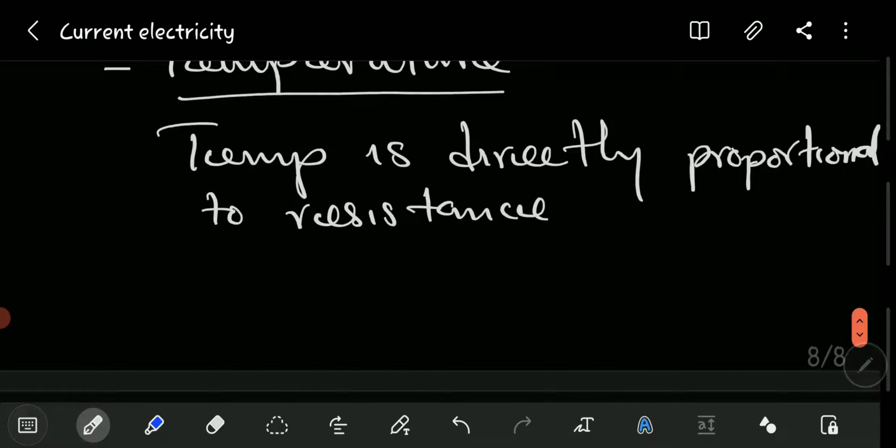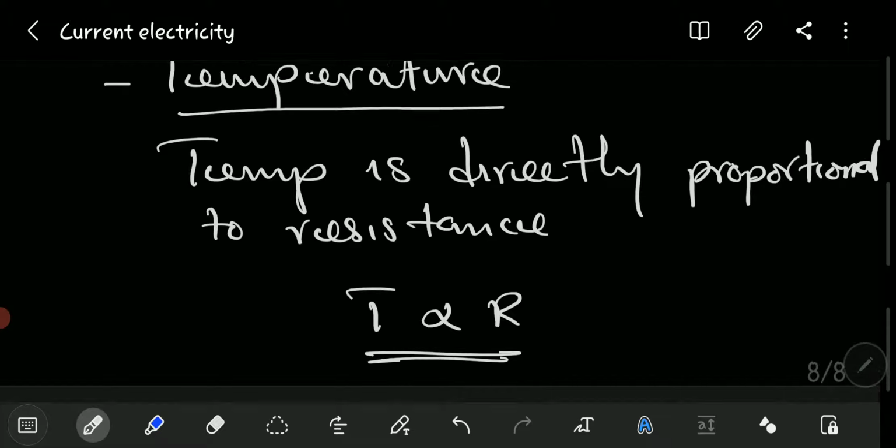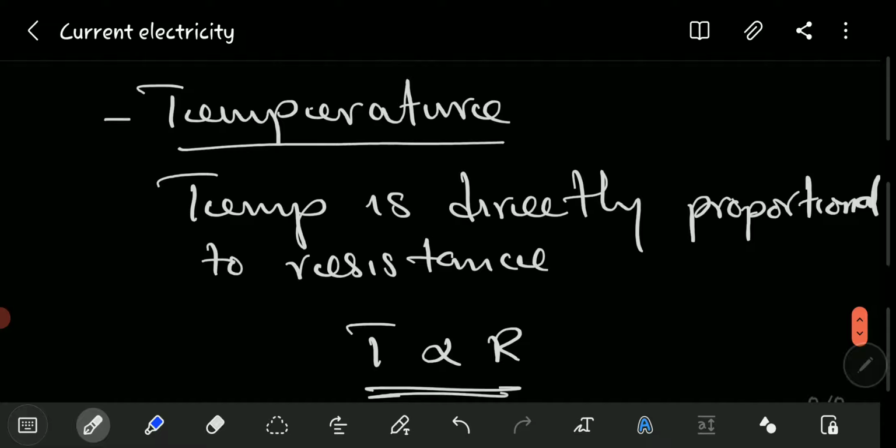Okay. In mathematics, we will have T is proportional to R. So this is the relationship. The higher the temperature, the higher the resistance. The lower the temperature, the lower the resistance. Basically, this is the reason why we switch off electrical appliances when we feel that their temperature has increased so much.